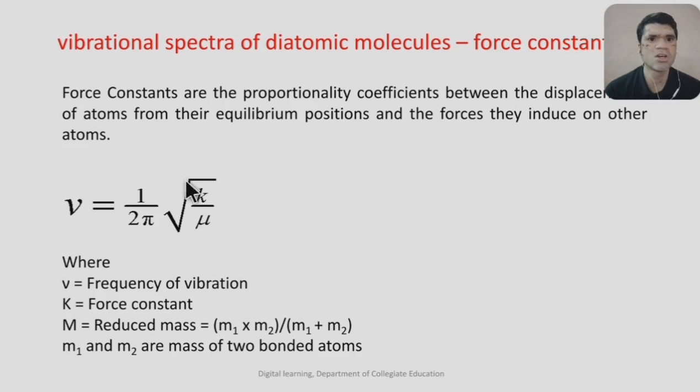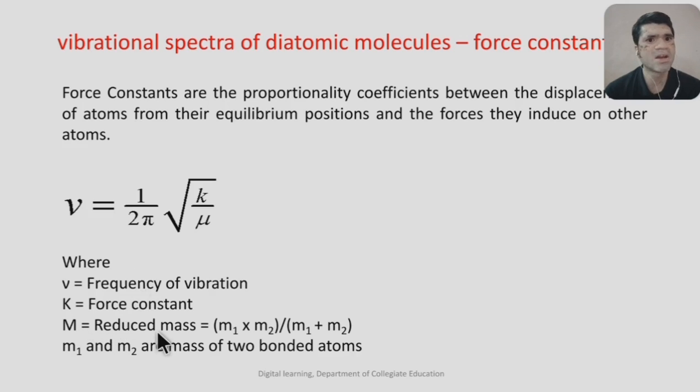So if the force constant is much higher, the bond strength will be higher, and hence we require a higher frequency of radiation, or the vibrational frequency of the bond will be higher. If the force constant is lower, then the vibrational frequency of the bond will also be lower.